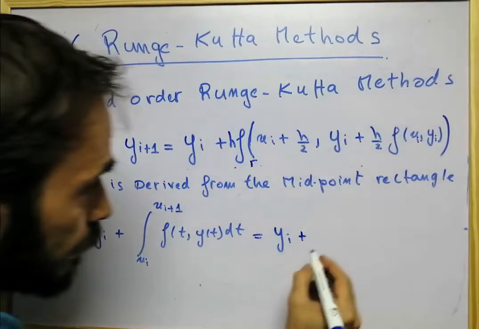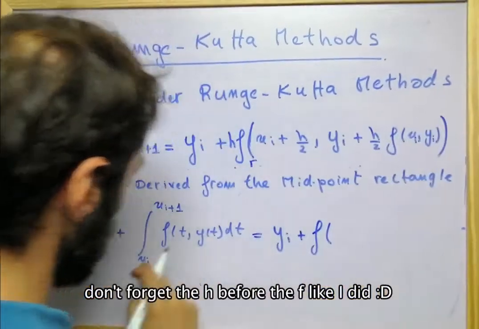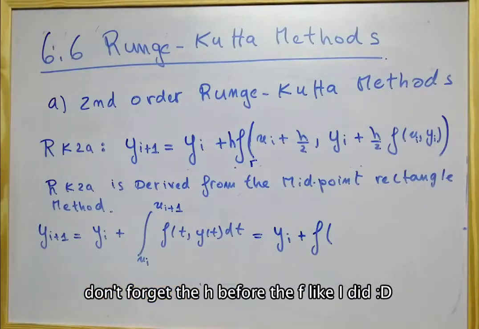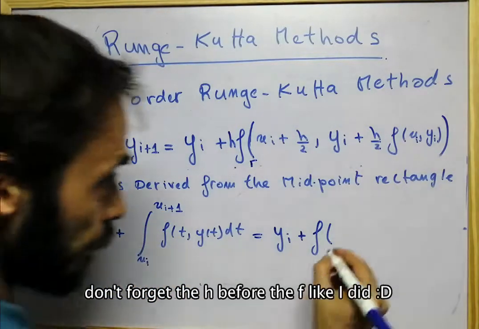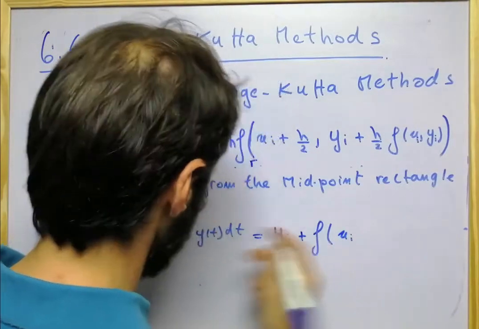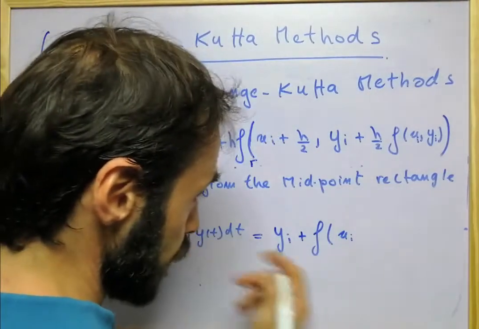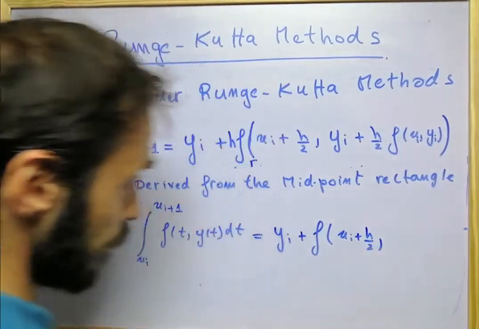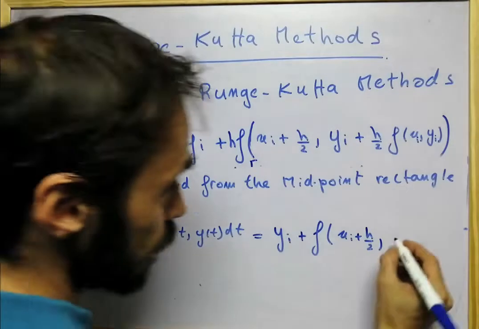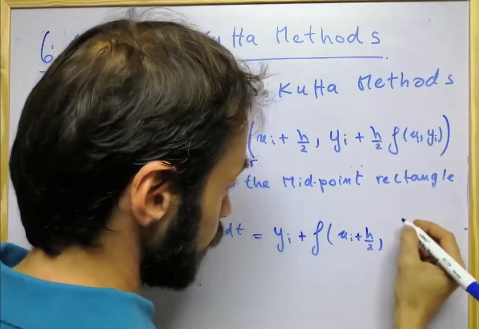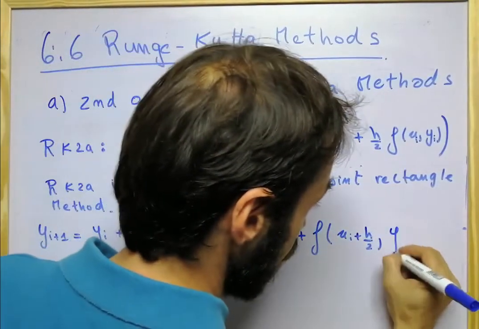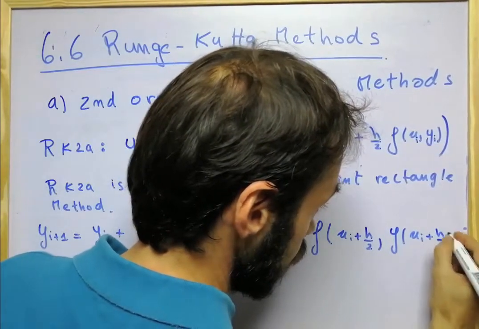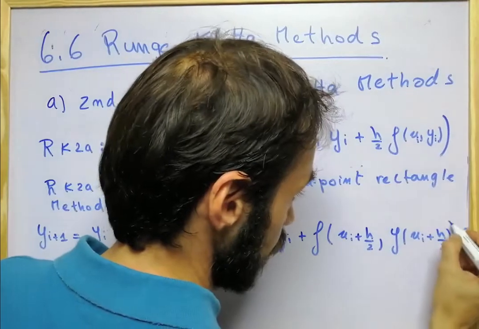The midpoint between x i and x i plus 1 is x i plus h over 2, because between x i and x i plus 1 there's h. Okay, now y of x i plus h over 2.